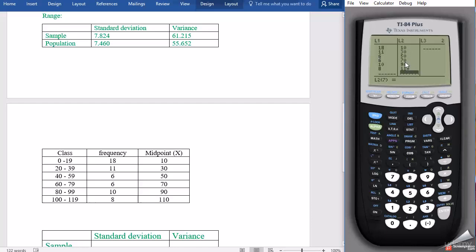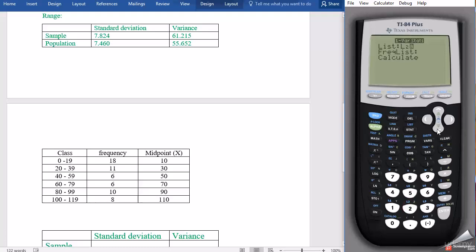So we're going to press STAT as we did before. We're going to go to CALC, and this is again 1-Var Stats. So we select the very first one. Now our list of midpoints x is in L2, so we change this to L2, using second 2.